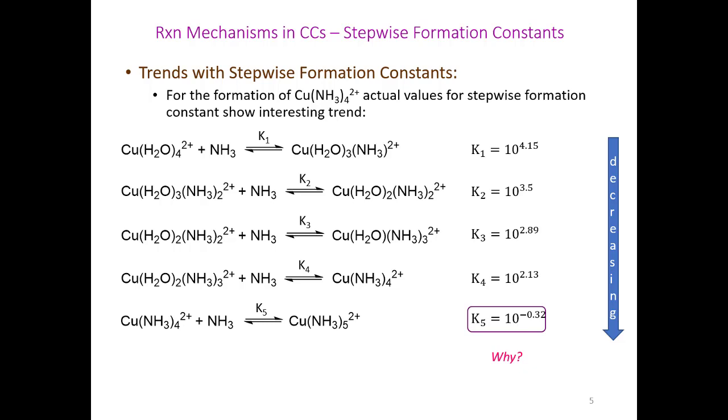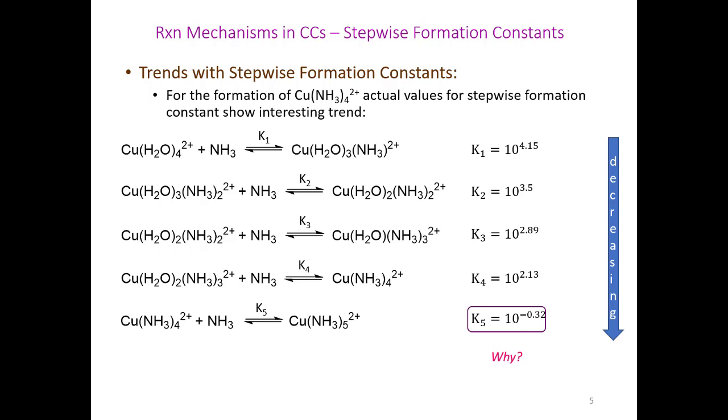So is there anything special about d9 complexes that would make the formation of a 5-coordinate species unfavorable? Well, first off, that would make a 19 electron complex, which isn't unheard of, but wouldn't be as stable as, say, a 17 electron complex potentially, or definitely an 18 electron complex. So forming a 19 electron complex isn't always favorable.